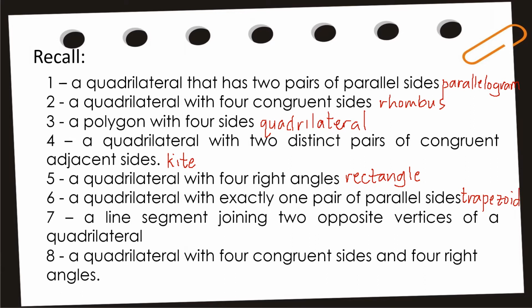A line segment joining two opposite vertices of a quadrilateral is called diagonal. A quadrilateral with four congruent sides and four right angles, it is a square.